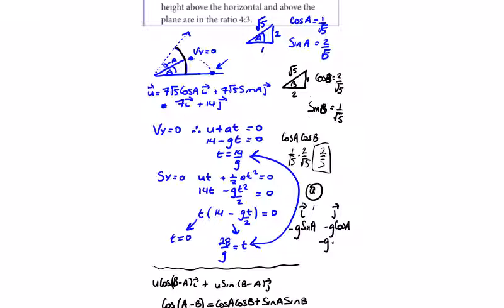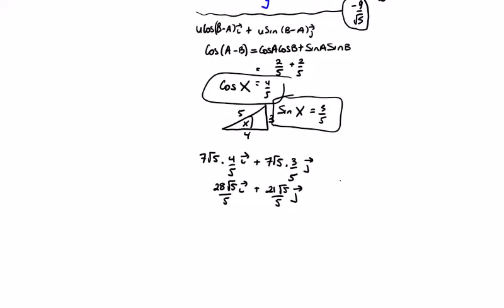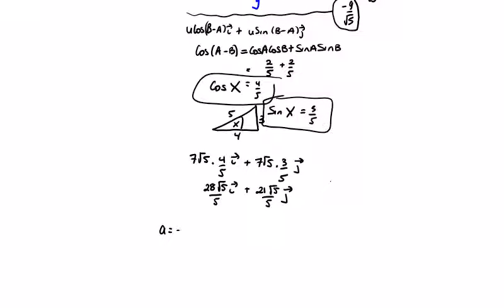So minus g by cos A, which was 1 over root 5. So minus g over root 5 for your acceleration in the j direction. So the velocity in the j direction will be equal to 0.